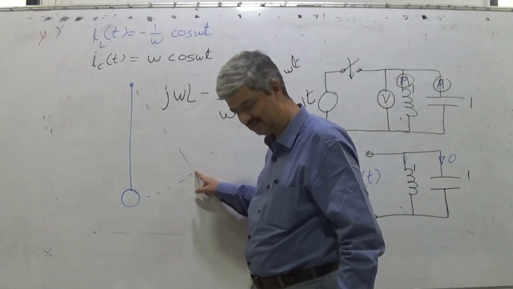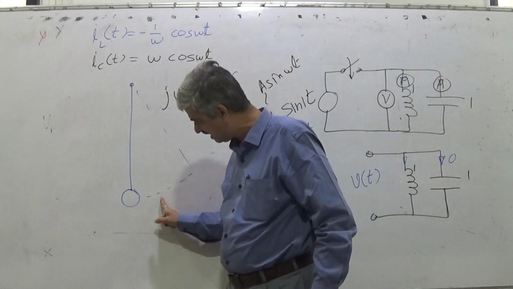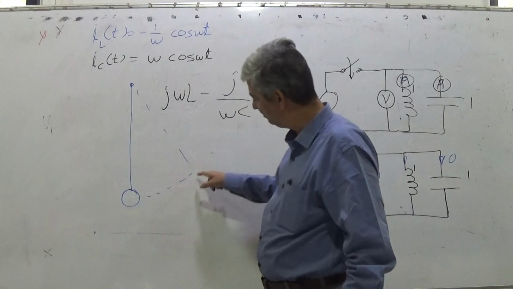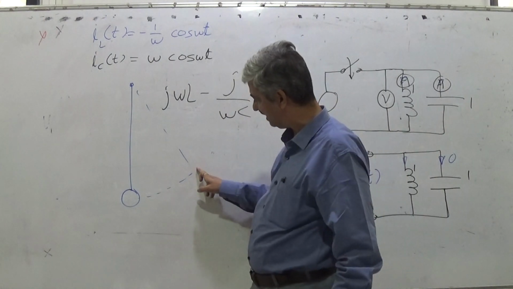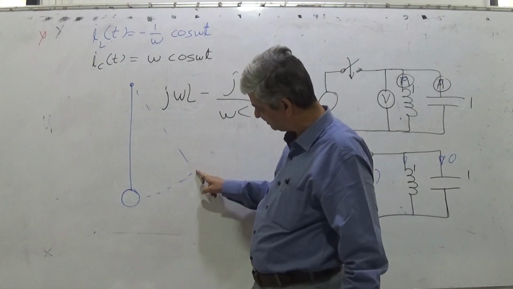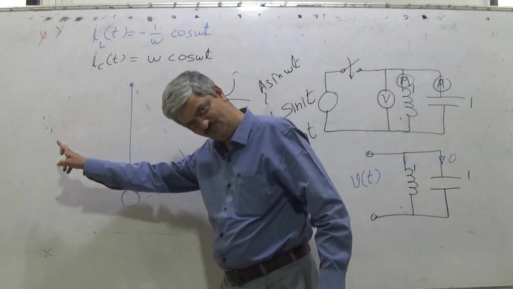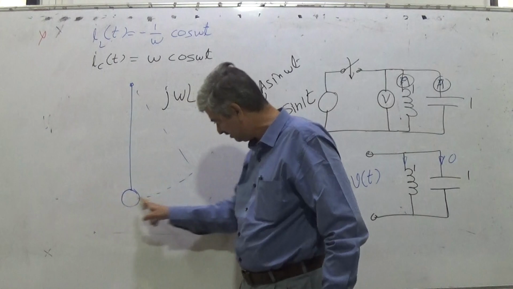Potential is maximum, kinetic is 0. It gets converted and it continues in this manner. So taking on this side makes it run on this side. On this side it makes it run on this side.